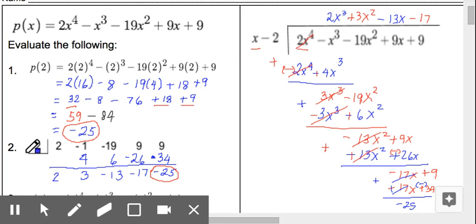If we want to find out if 2 is a 0 of p of x, we use the synthetic division, and we notice that the last number here is not 0, therefore 2 is not a 0 of p of x. But the last number is negative 25, which is equal to this number here. Then when we divided p of x by x minus 2, we notice that the remainder is equal to negative 25 as well.